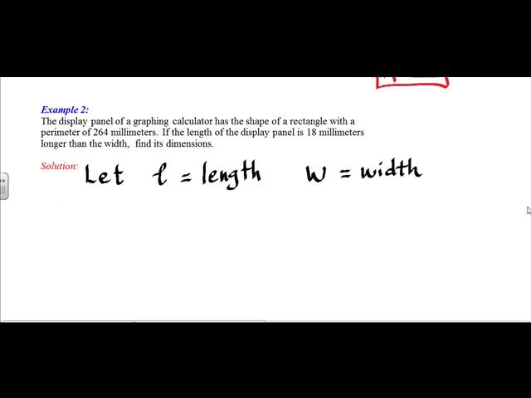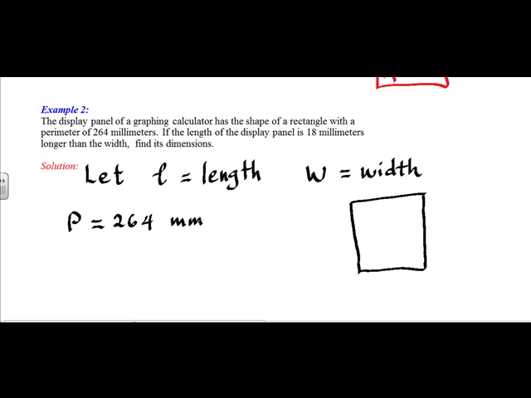Now, it's a rectangle, and it tells us that the perimeter of the rectangle is 264. So let's say I have a rectangle. The perimeter means the distance around the rectangle, which is equal to 264 millimeters. I won't write it down, but let's write it down now so you can see.